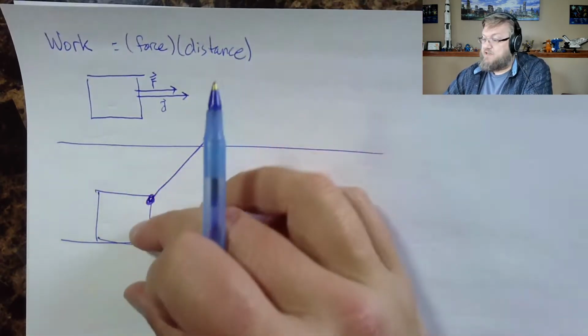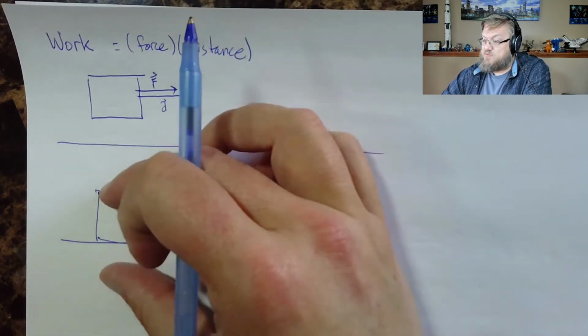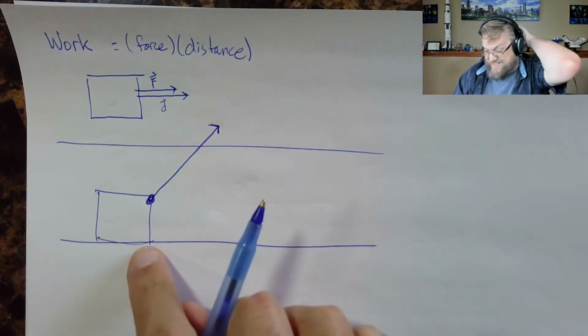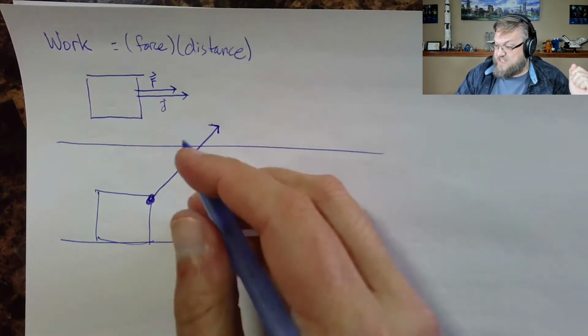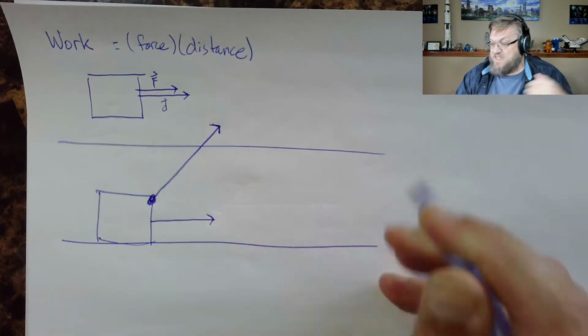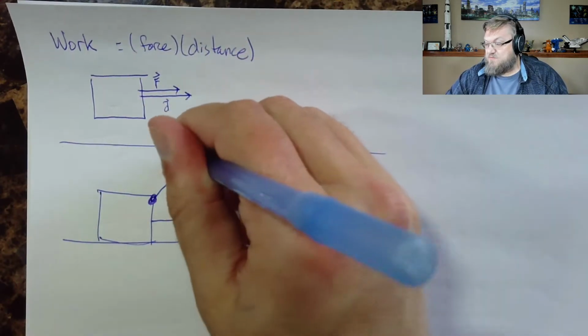Even though I'm pulling on a rope this way, it's not likely to just fly up in the same direction. Since this is maybe heavy, it's going to stay on the ground. It's still going to move this way, even though the force is being applied in this way.